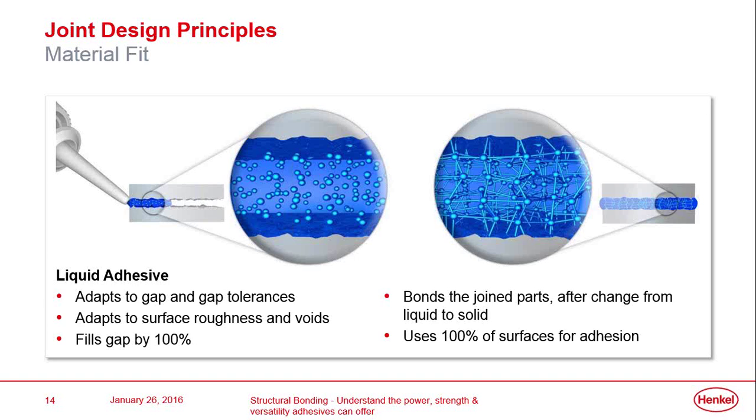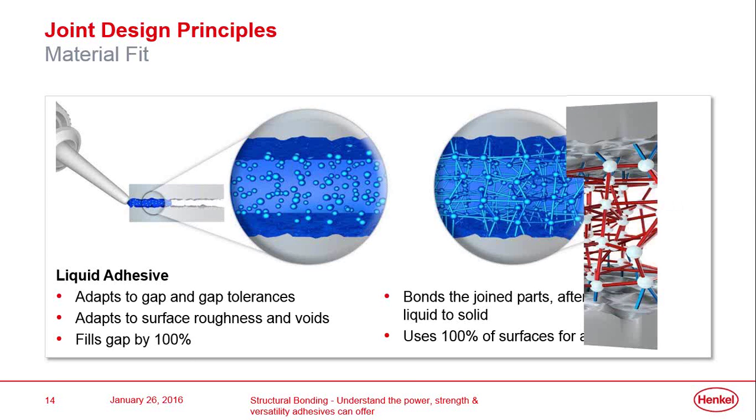So we achieve that by applying a liquid and letting it flow into all the irregularities of the surface. And this is what gives us our bonding and sealing capability as well. We use the whole area for adhesion.